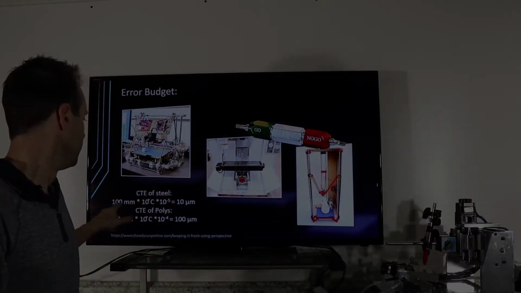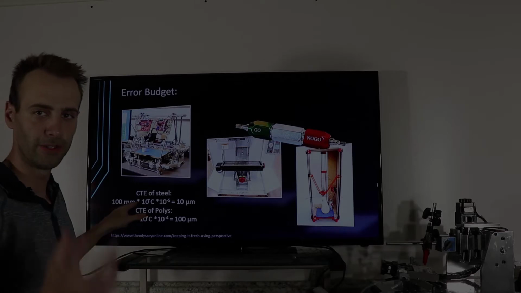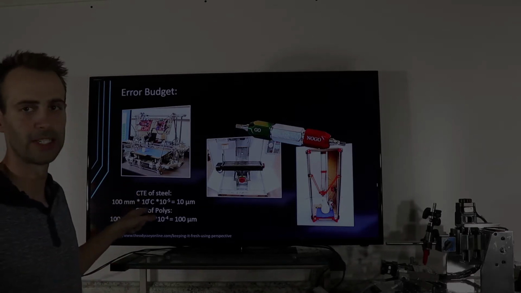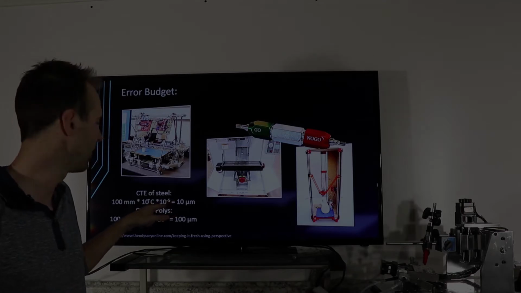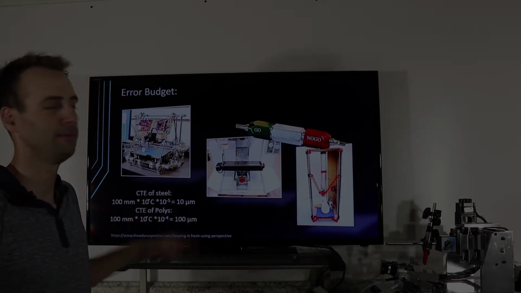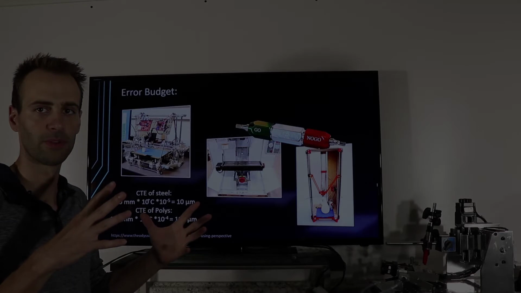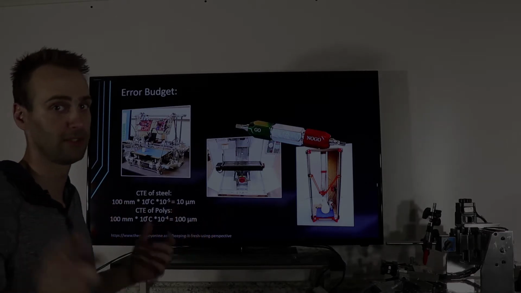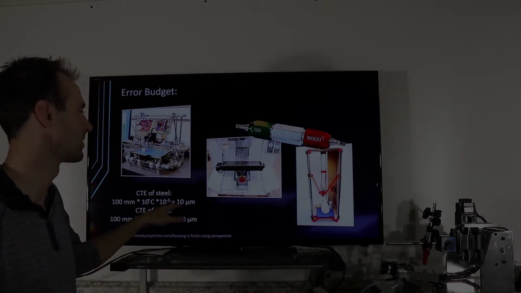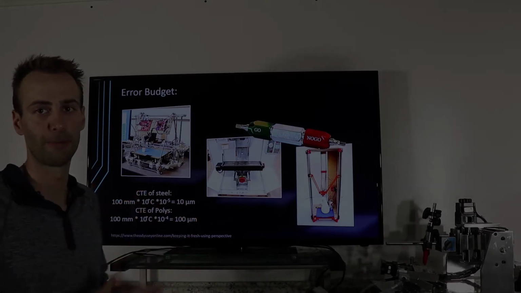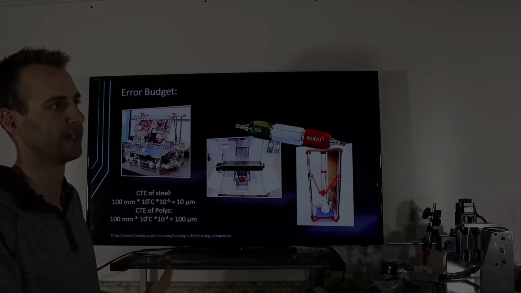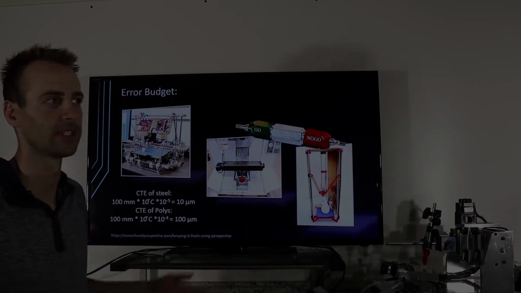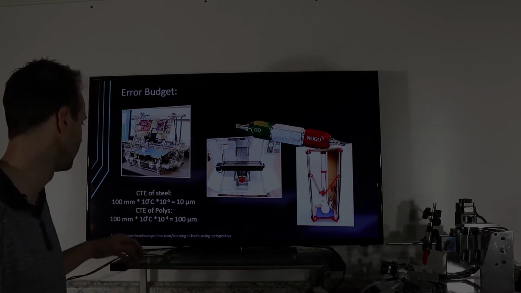So for every 100 millimeters and 10 degrees Celsius, steel, with a coefficient of something like 10 to the minus 5, gives me 10 microns of growth per 10 degrees Celsius, okay? I've seen stepper motors get up to like 100 degrees Fahrenheit or 150, which is, what, 75 Celsius, something like that.